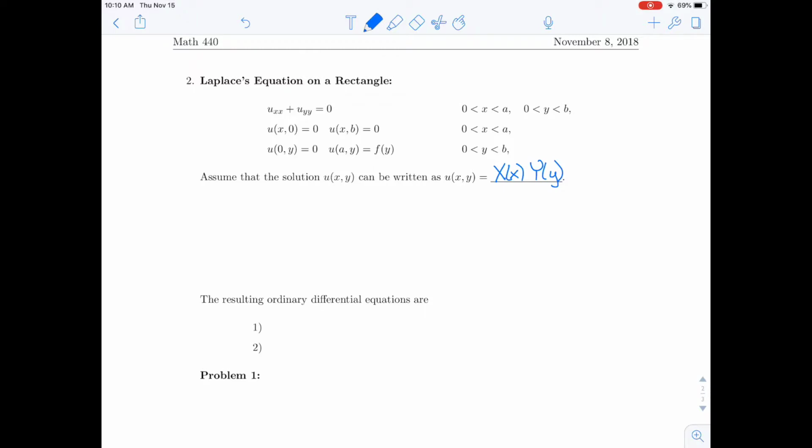So plugging that solution back into the equation, we get X double prime of x times Y of y plus X of x times Y double prime of y is equal to 0. So I'm going to move all the x's onto one side, all the y's onto the other side, and I'm going to divide by X of x, Y of y.